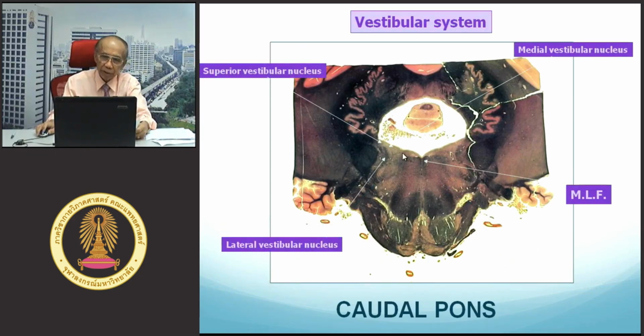The vestibular system at this level includes the superior vestibular nucleus, the medial vestibular nucleus, lateral vestibular nucleus, and the medial longitudinal fasciculus or MLF.